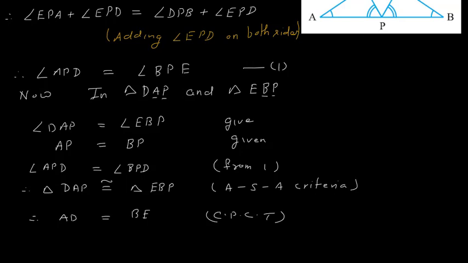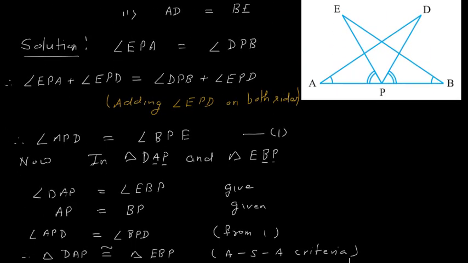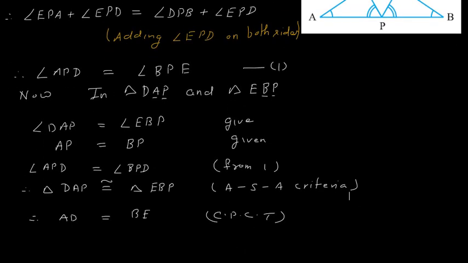Okay, I was thinking something else and I have written CPCT there. So that means while you are solving the problem, your full focus should be on the problem. Otherwise, you can make mistakes like I am doing.